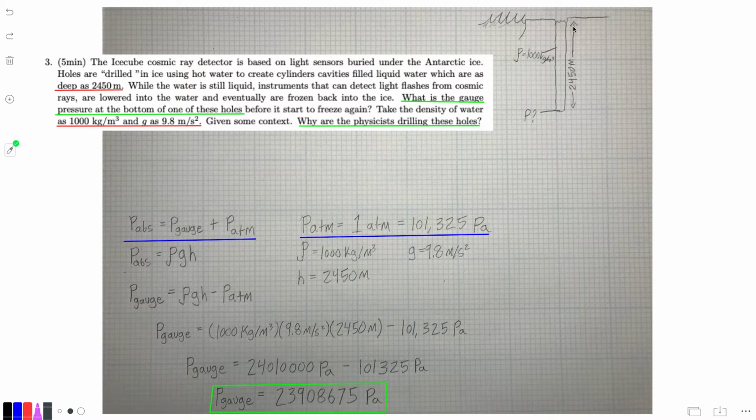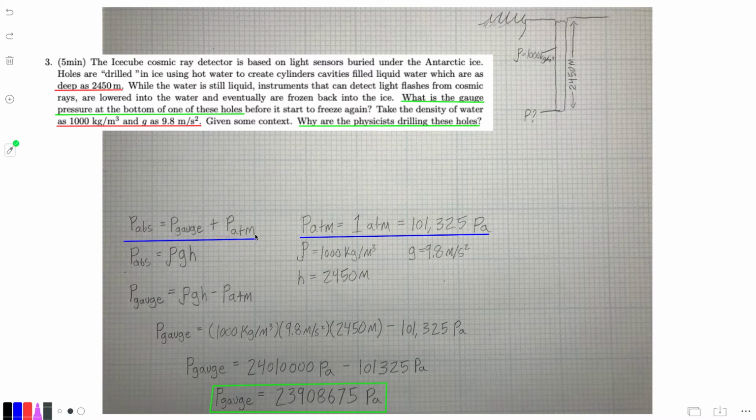We can also say that it's of a certain depth here, and this rho right here is just me trying to denote the density of water.